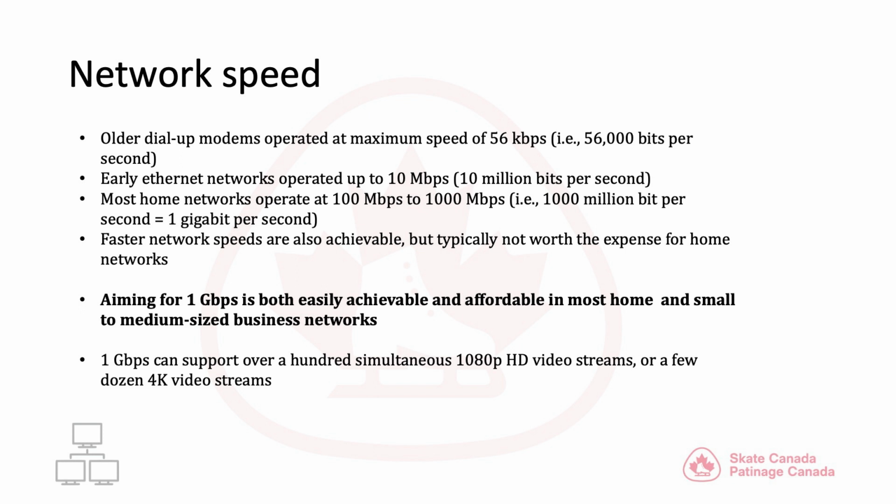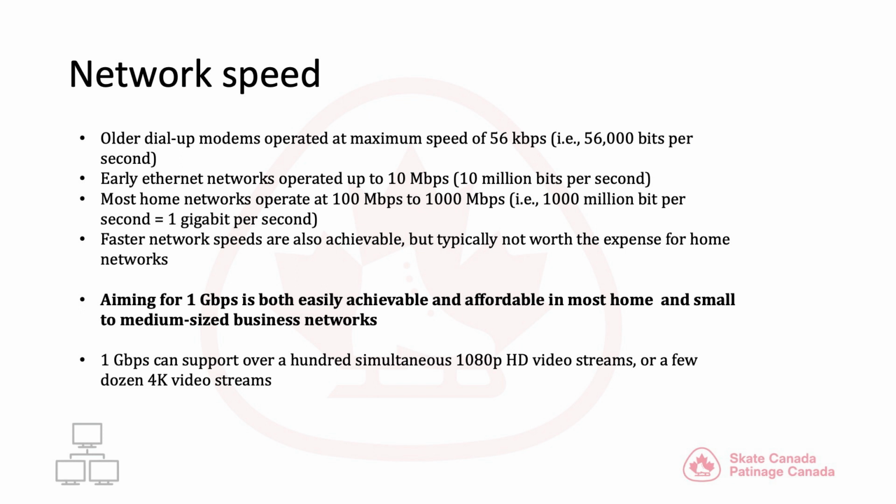And most home networks now operate at 100 megabits per second to 1000 megabits per second, which is a gigabit per second. Faster network speeds are also achievable, but typically are not worth the expense for home networks. Aiming for 1 gigabit per second is both easily achievable and affordable in most home and small to medium-sized business networks.